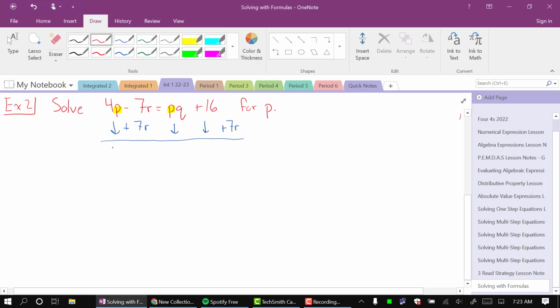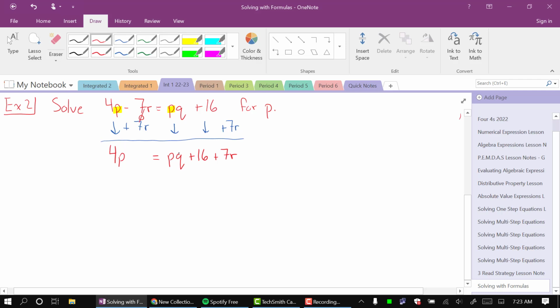I'm not doing anything to the 4p term, so I'm just going to bring that down. Negative 7r and positive 7r gives me a 0. I'm not doing anything to the pq term, so I'm going to bring that down. I'm not doing anything to the 16, so I bring that down as well. And then I add 7r.